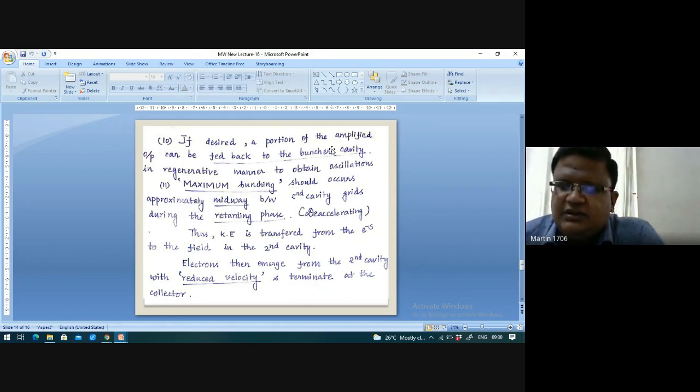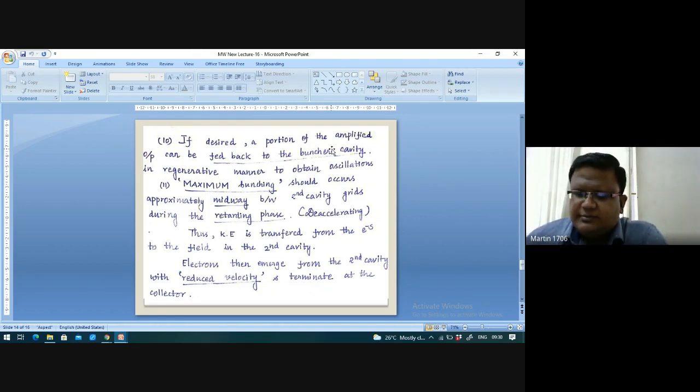Already I told, in the catcher cavity or catcher metal, once the electrons strike, a few electrons will be sent back. Okay, not the maximum number of electrons, only a few electrons will come back. So that may produce regeneration and it obtains the oscillation.